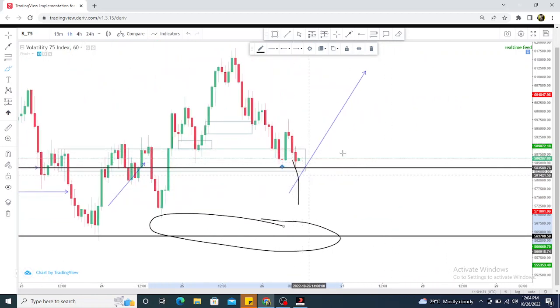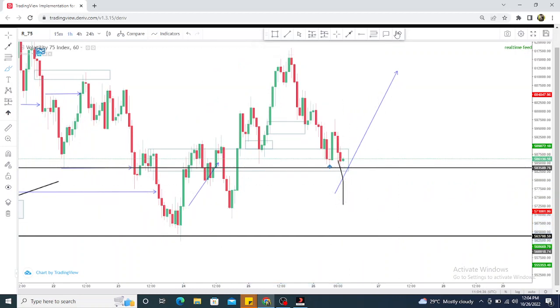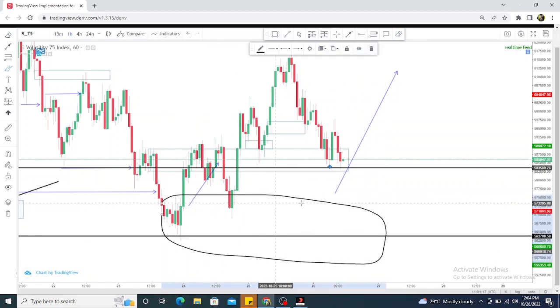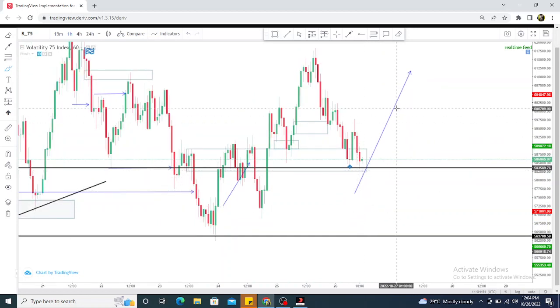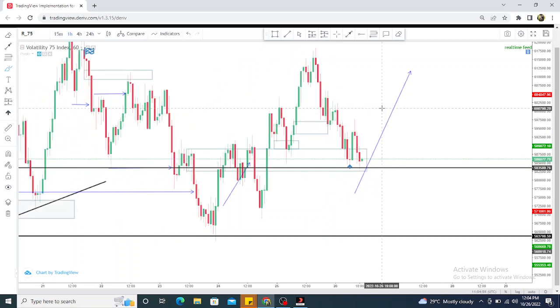If it breaks this black line, this support level, and continues going down, then I'll look for entries for a sell. But for now, my projection for V75 still remains a buy.